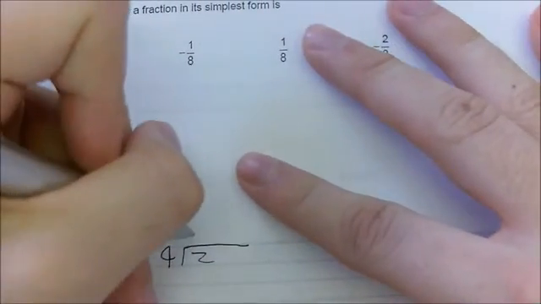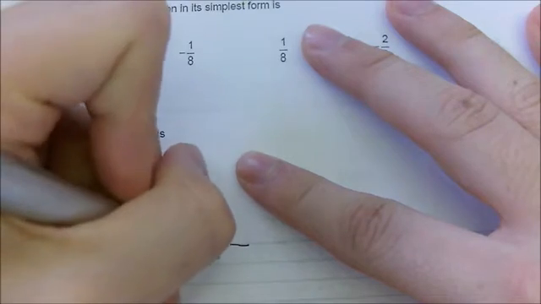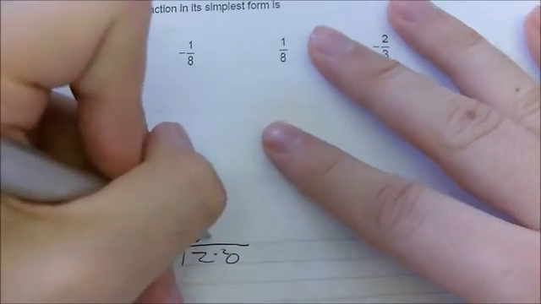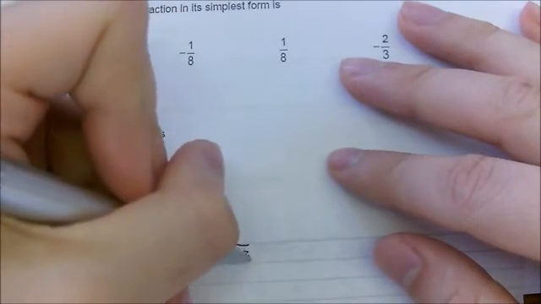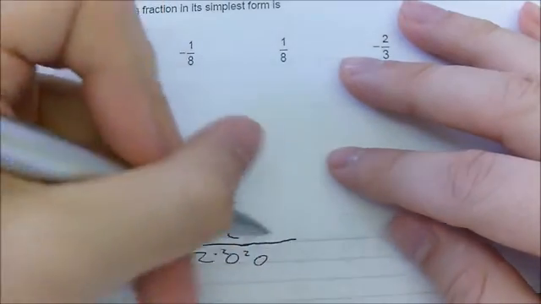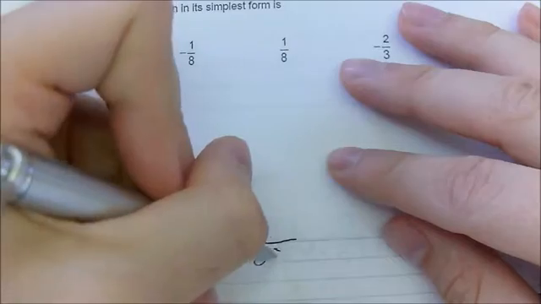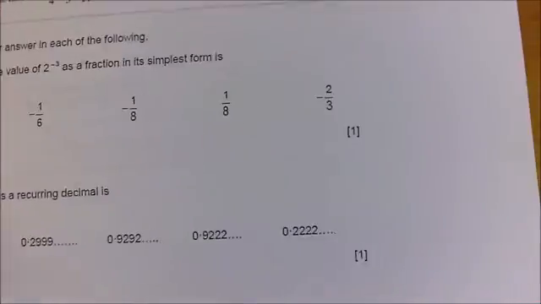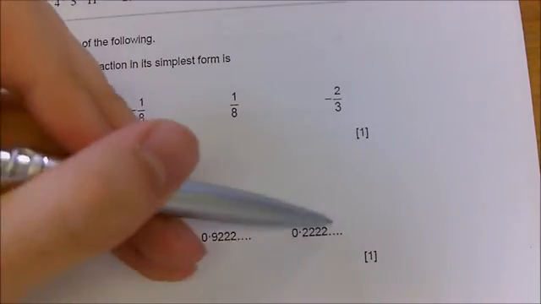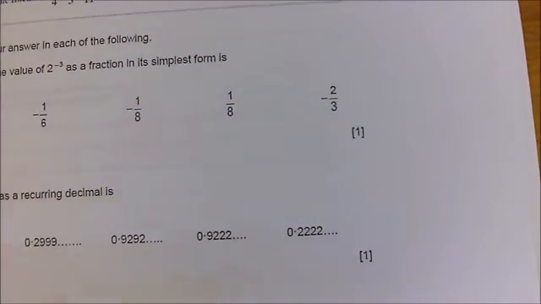So 9 doesn't go into 2, leaves a 2 remainder. 9 goes into 2 twice and leaves a 2 remainder, which obviously goes into that twice and leaves a 2 remainder. So it's going to be 0.22222, which is going to be this one here. So that's the answer for 2/9.